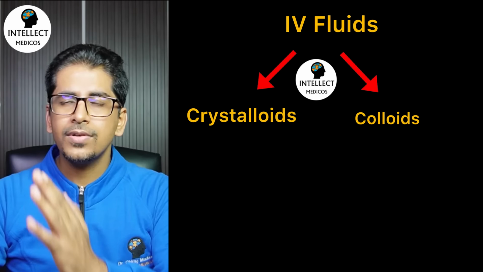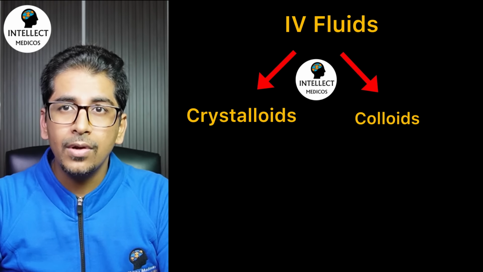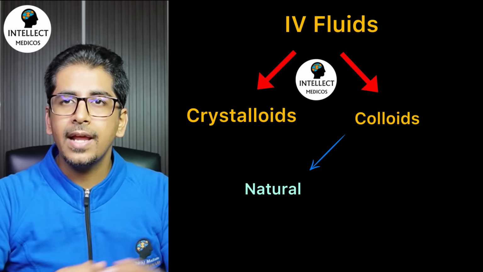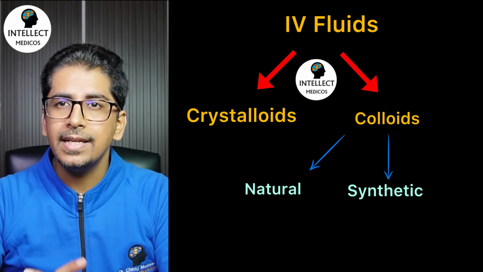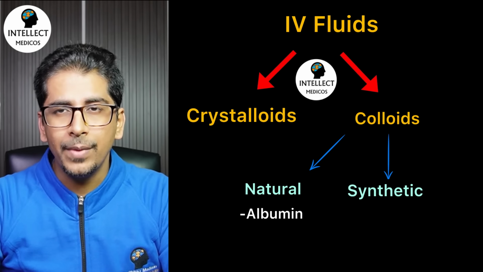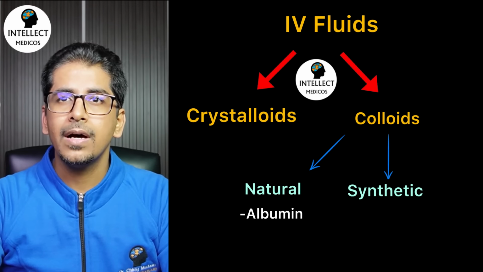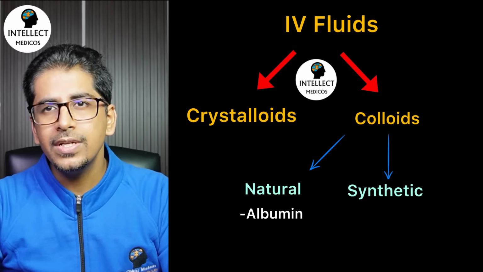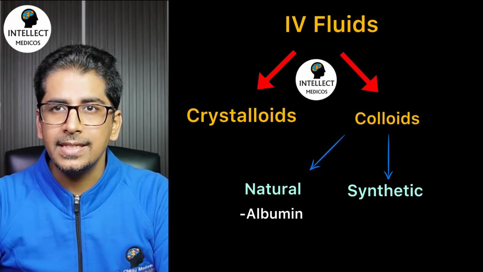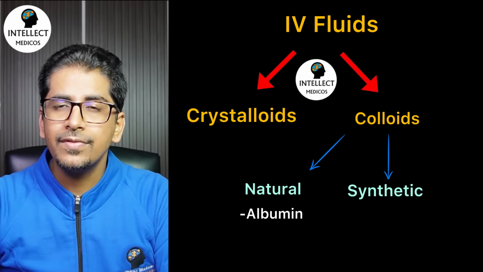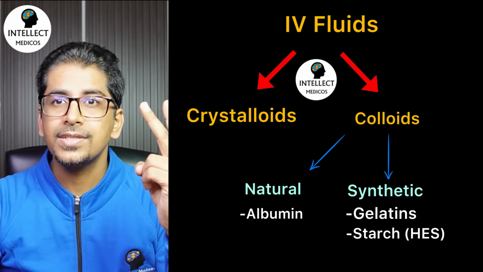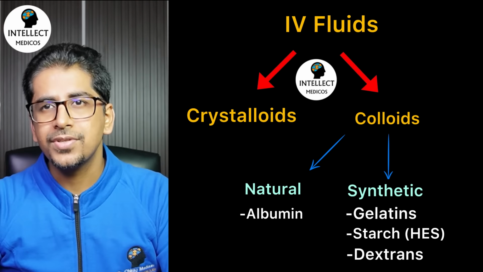Now, on the other side, the colloids are subdivided into those that are naturally derived and those that are synthetically prepared. The example of a natural colloid is albumin, which comes in 5% or 20%. On the synthetic side, we have the gelatins, the other one is HES or starch, and third are the dextrans.